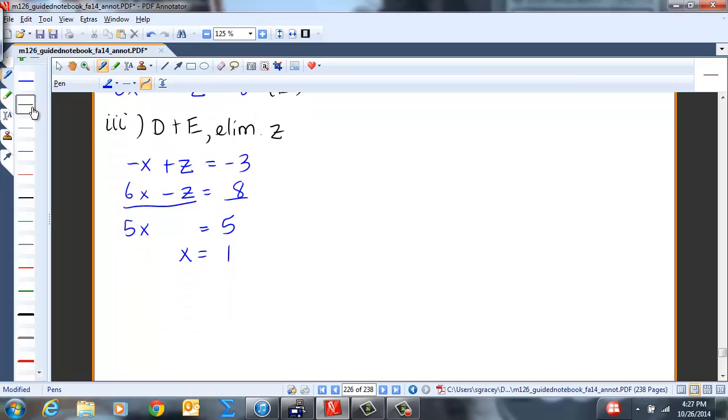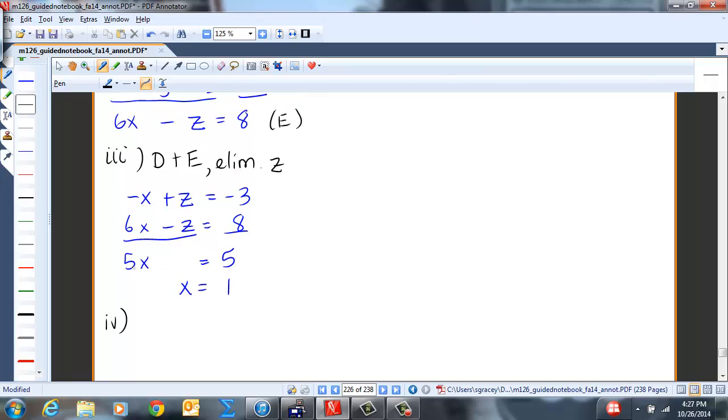So on our fourth step, what we'll want to do is take either D or E. Since we can see E really well, we're going to go ahead and substitute x equals 1 into equation E. We'll be able to solve for z.